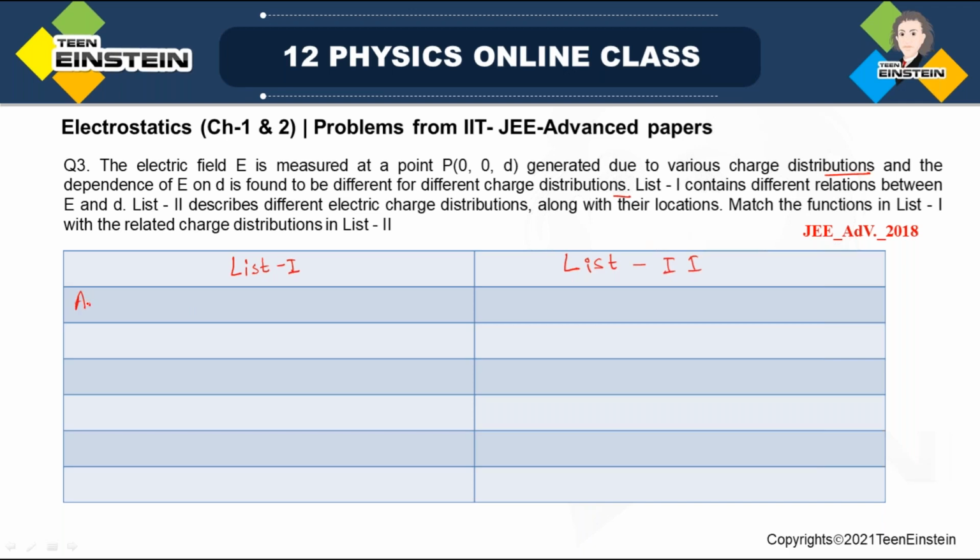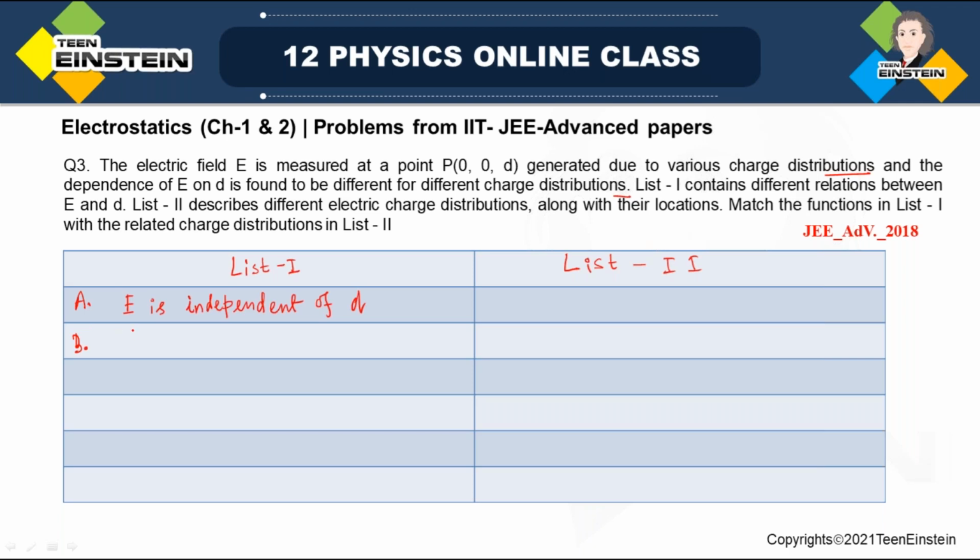So first it says E is independent of D. Let me first fill the list A itself.